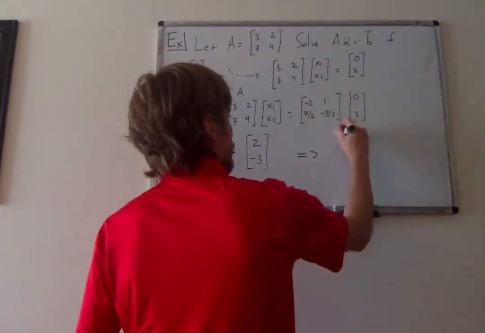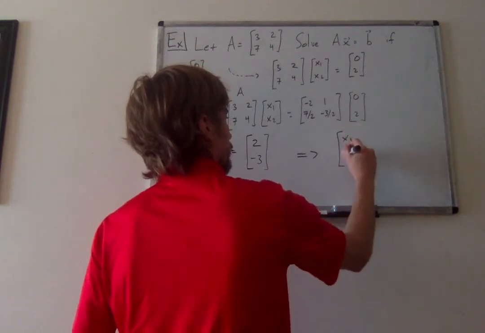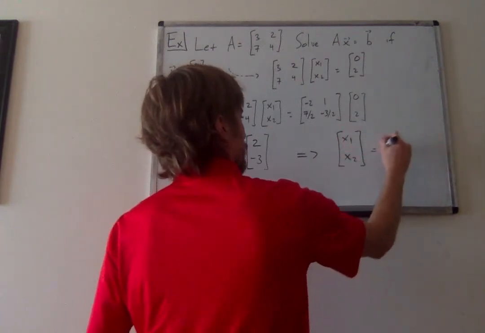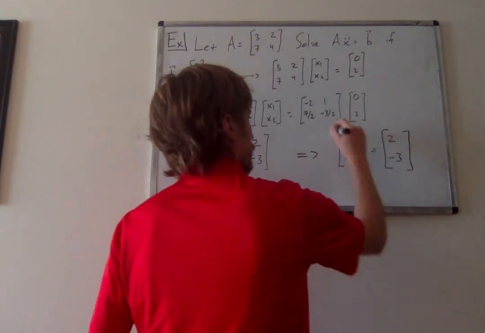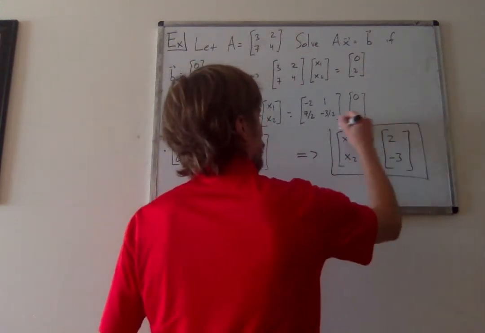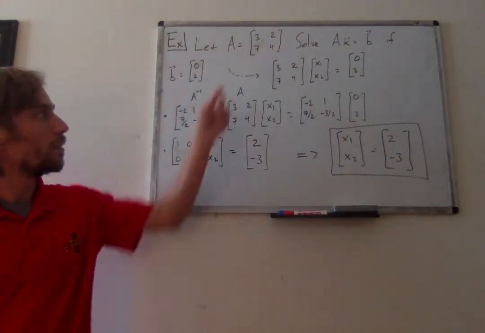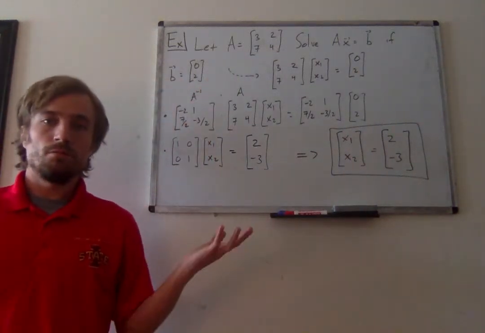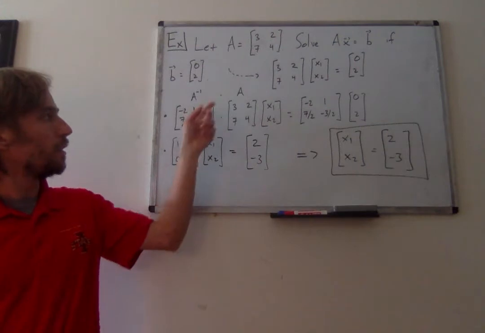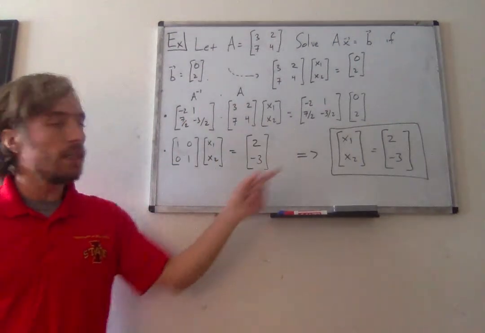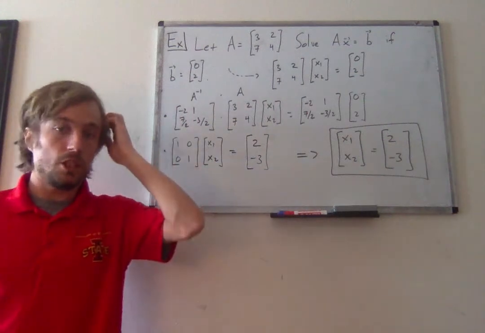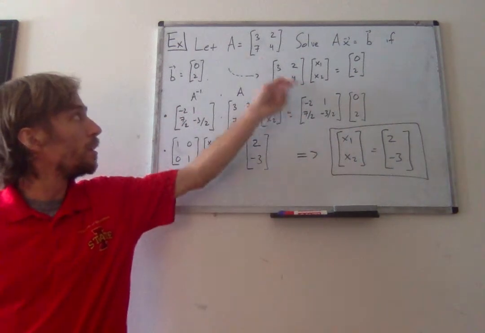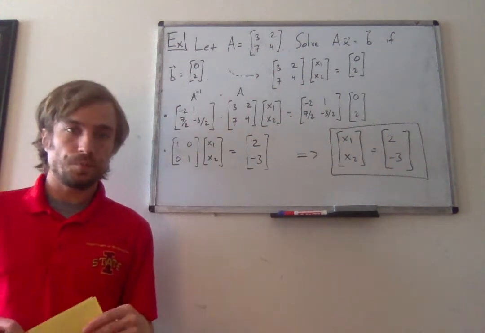And so this implies that I actually just solved this system of equations using matrix inverses. This gives me a solution to this vector equation, and it can be fairly quickly checked that this is in fact a solution to this equation.